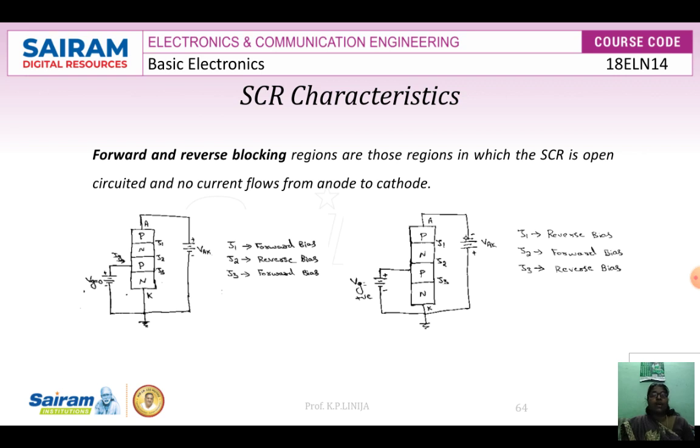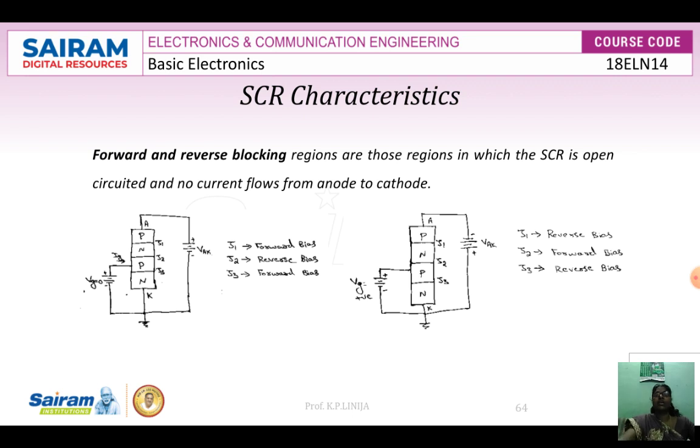We know that negative to positive will be reverse bias, positive to negative also reverse bias. From this diagram it is very clear that junctions J1 and J3 are reverse biased and junction J2 is forward biased. So in this condition a small reverse current will flow. This process is called the reverse blocking region.